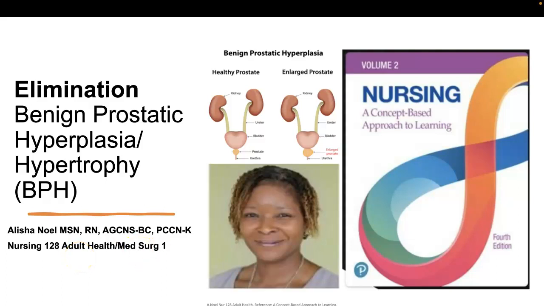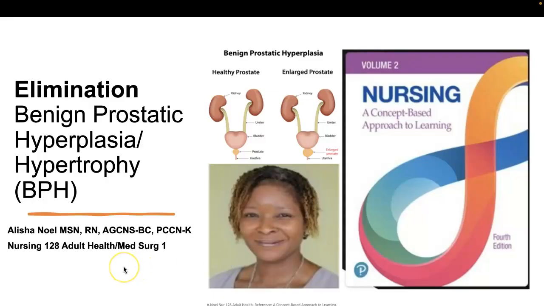In this particular module, we are studying UTI and BPH. And this is a shorter concept than some of the other concepts that we are looking at in Adult Health Med Surg 1. When we look at the concept of elimination, we think about some types of abnormal process within either the GU system, the urinary system, or the GI system, the intestinal system.